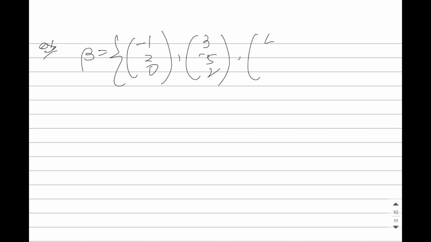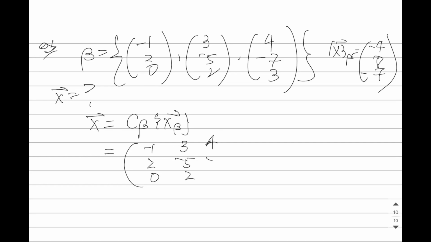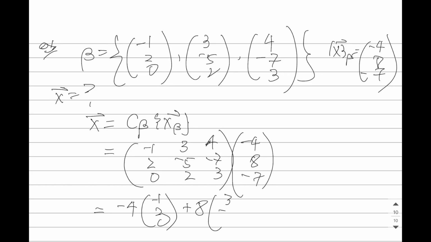As a final example to show you the other direction, if I tell you you've got this basis, (-1, 2, 0), (3, -5, 2), (4, -7, 3), and I tell you that a vector is represented in this basis by (-4, 8, -7), what is its representation in standard? Well, this just becomes a matrix vector product. You could take this matrix, multiply it by that set of coordinates, and just by definition of matrix vector product, you end up with this, and what you'll find is (0, 1, -5).